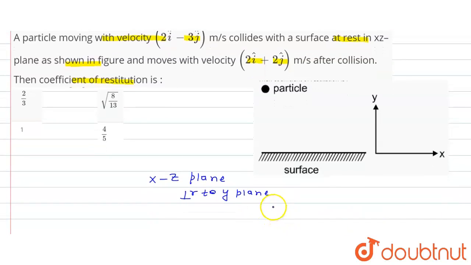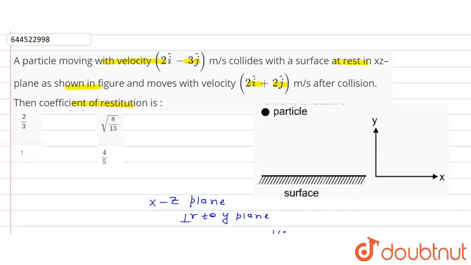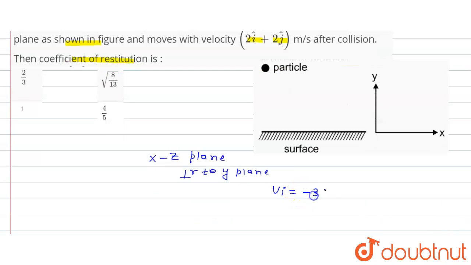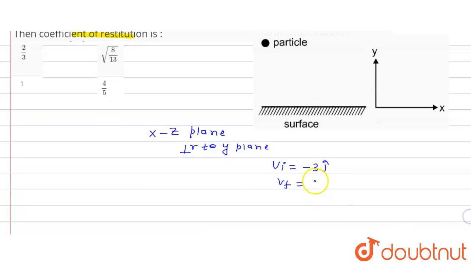So v initial in y will be how much? It is minus 3 j cap, and v final in the y direction is how much? 2 j cap.